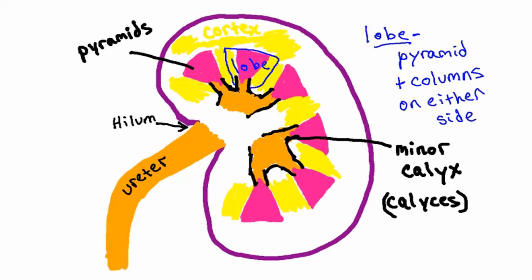Into a larger area. And those, since they're larger, are called the major calyxes. So this is a major calyx, and this is a major calyx.